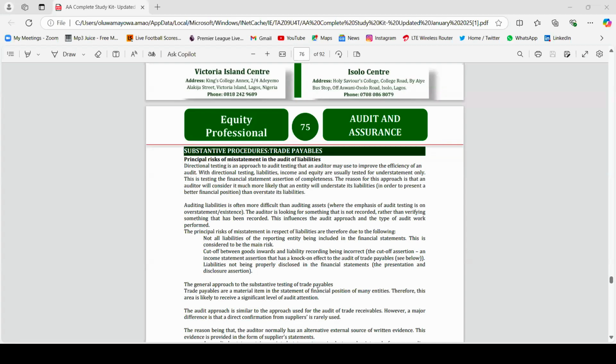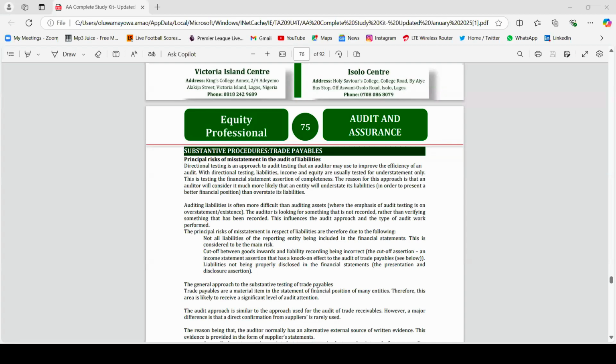For instance, if you claim you have 100 million as profit and your liability to settle is up to like 50 million or 80 million, that means the profit will reduce in the long run. So people don't want to state their true liability.